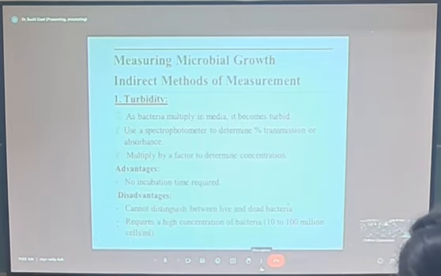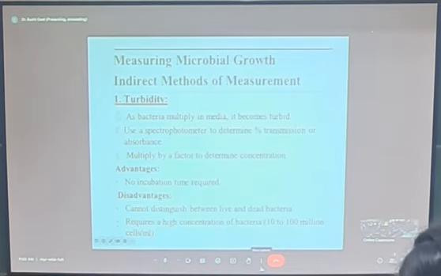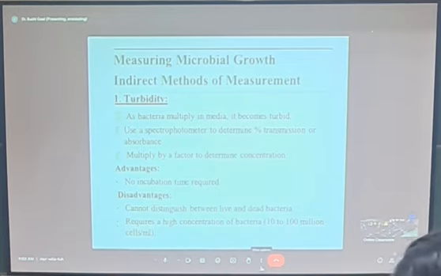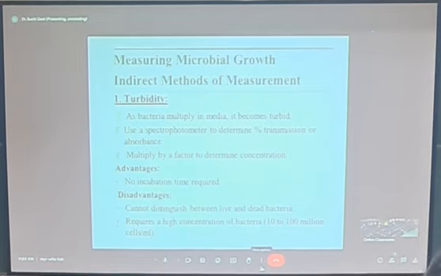But again, my problem with this is it cannot differentiate between live and dead bacteria. For example, if I tell you my OD is 3, it means my culture has gone to stationary phase and I will have some dead bacteria there. When I inoculate a culture, only live bacteria will grow, so at that time I can assess the growth, and if I see growth, it means my bacteria are live.